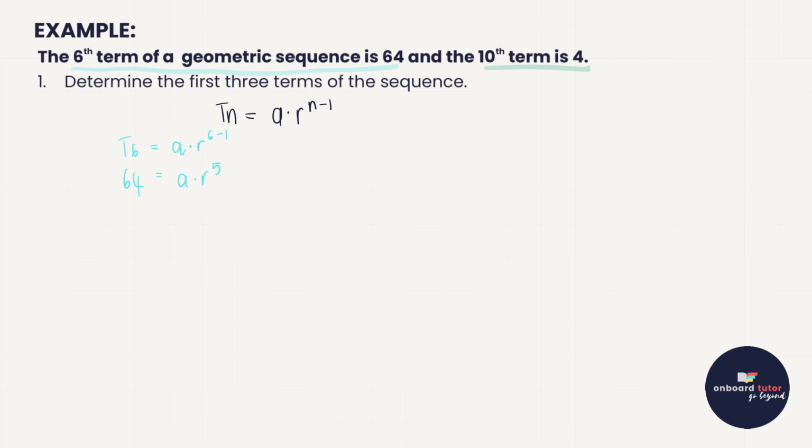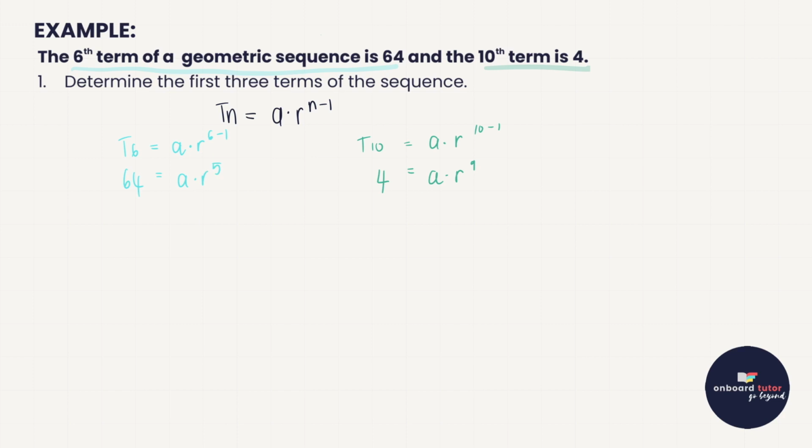Then we were also told that the 10th term, T10, is equal to, let's work that out, a, we don't know yet, r to the power of, n is now 10, so 10 minus 1, and that can be simplified to a multiplied by r to the 9. And they told us that that one is equal to 4. And now that we have these two equations, we can actually solve for the unknown by dividing them.